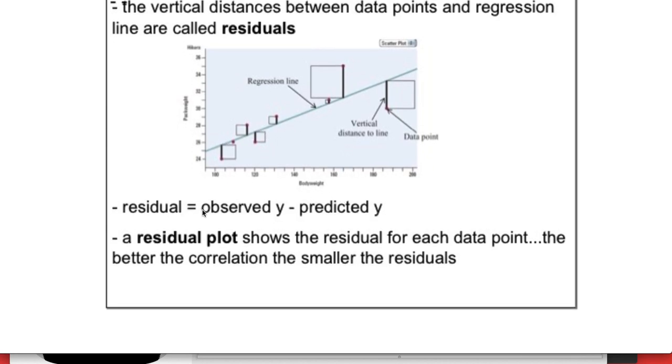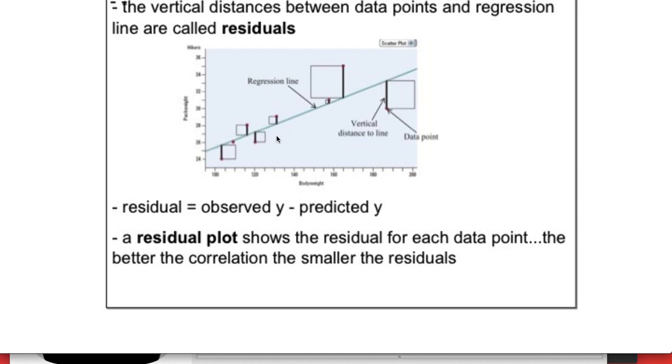So the residual is calculated by taking the observed y value, the actual data point, and subtracting it from the predicted y value. And the predicted y value would be any point on this green line. And the reason why it's y, if you think about it, the y-axis goes up and down, and the distance is a vertical distance, so it goes up and down as well.